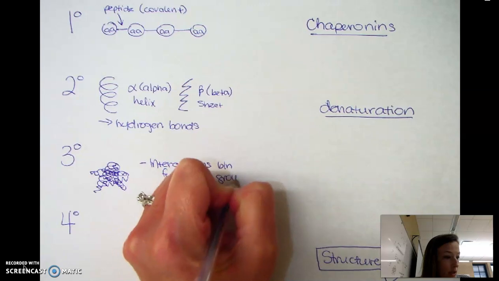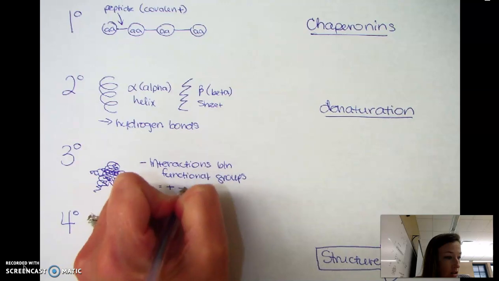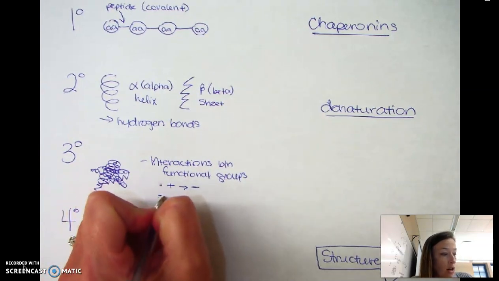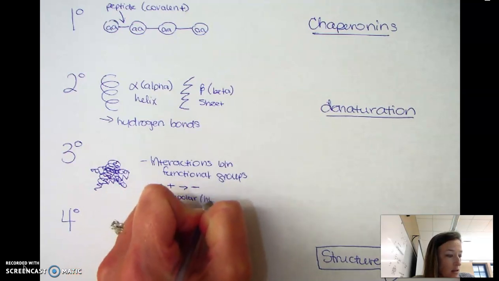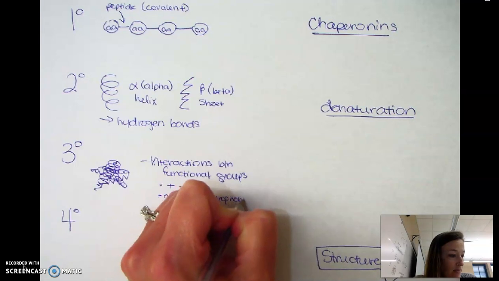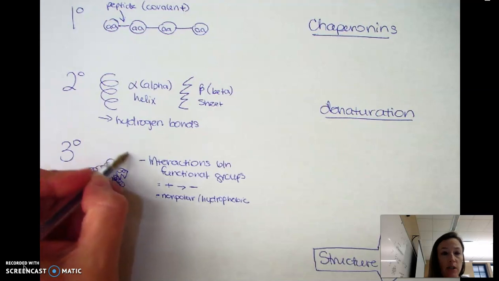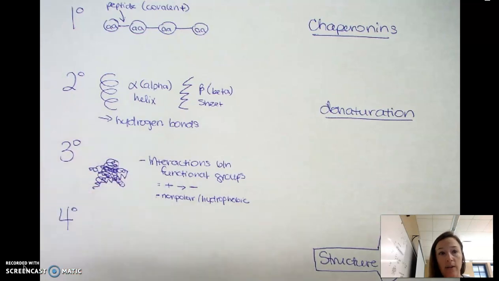And so what you're going to see here is that your positive charges are going to be attracted to your negative charges. Okay, because opposites attract. So anywhere you have a positively charged functional group, it's going to be seeking out a negatively charged functional group. Or a negative is going to seek out a positive. Anywhere that you have nonpolar or hydrophobic amino acids, they're going to try to get into the center of this protein, because most proteins are in an aqueous solution, whether that's your cytoplasm or your blood or just out in the environment, whatever.